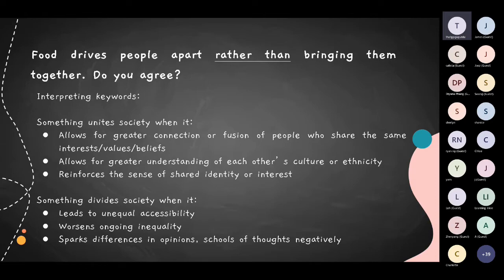Whereas the divide can lead to greater inequality or unequal accessibility, or it could spark differences in opinions and schools of thought. Basically, you think of this matter in one way, and I think of it the other way, and then we quarrel over it. So that's what it means to divide.